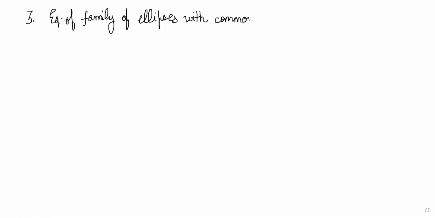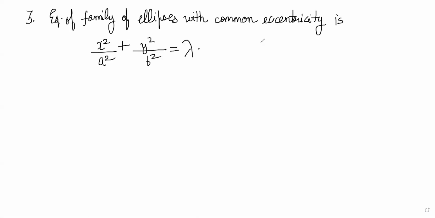The next one that we look at is equation of family of ellipses with common eccentricity, with constant eccentricity e. It is this equation: x square by a square plus y square by b square is equal to lambda. The lambda is a parameter. You can change the value of lambda and this equation represents infinite different ellipses, but all of these ellipses will have the same eccentricity, right?